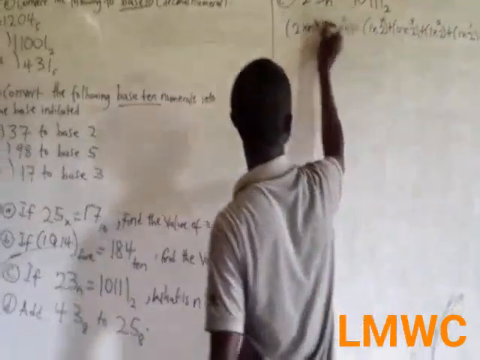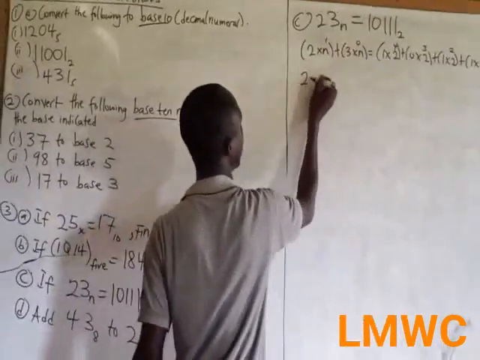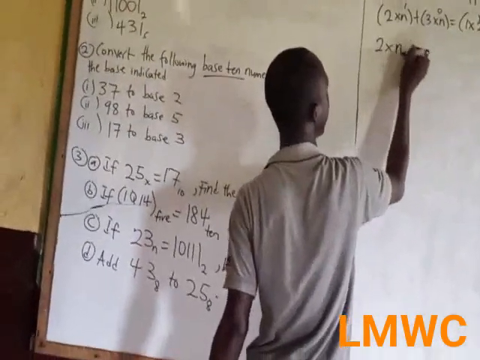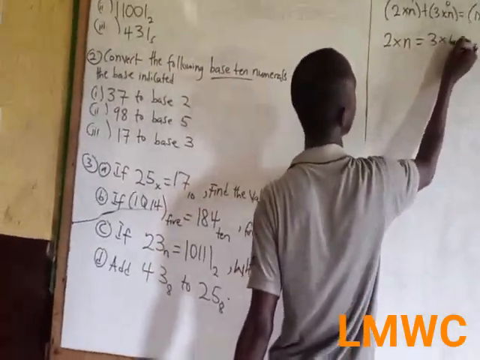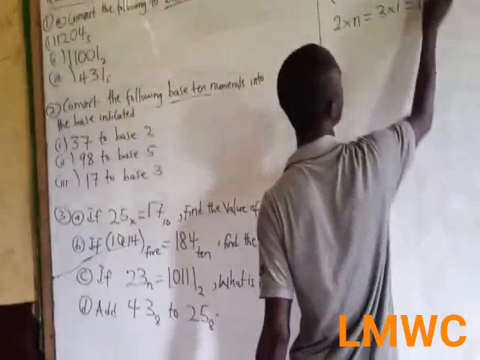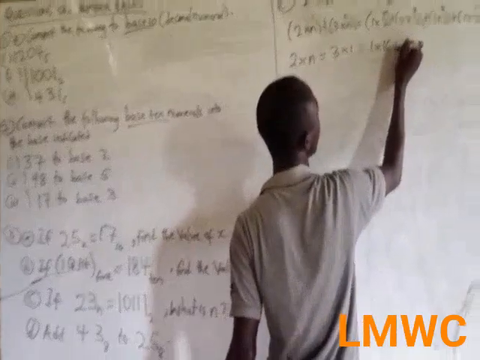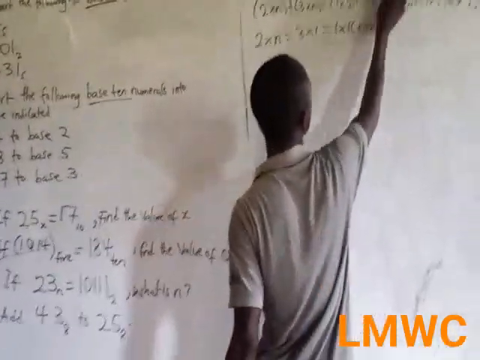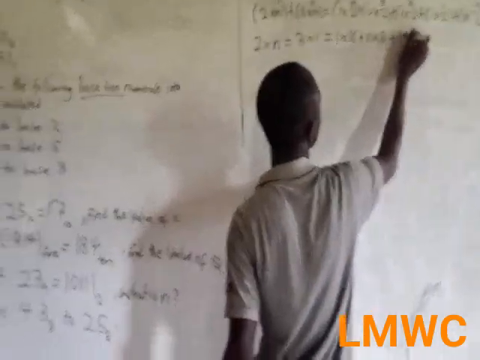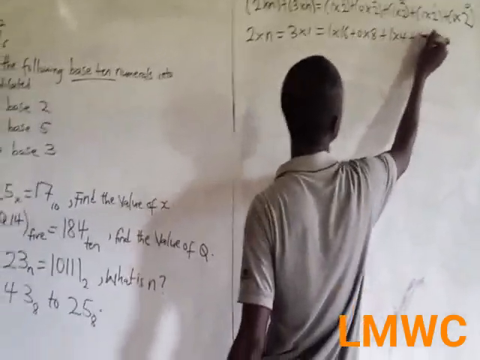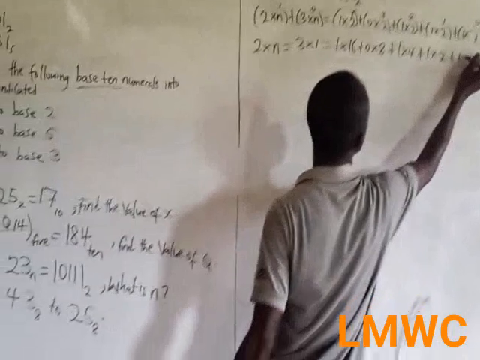So this is 0, 1. 2 times n raised to the power 1 is n equal to 3 times 1 equal to 1 times 2 raised to the power 4 is 16 plus 0 times 2 raised to the power 3 is 8 plus 1 times 4 plus 1 times 2 plus 1 times 1.